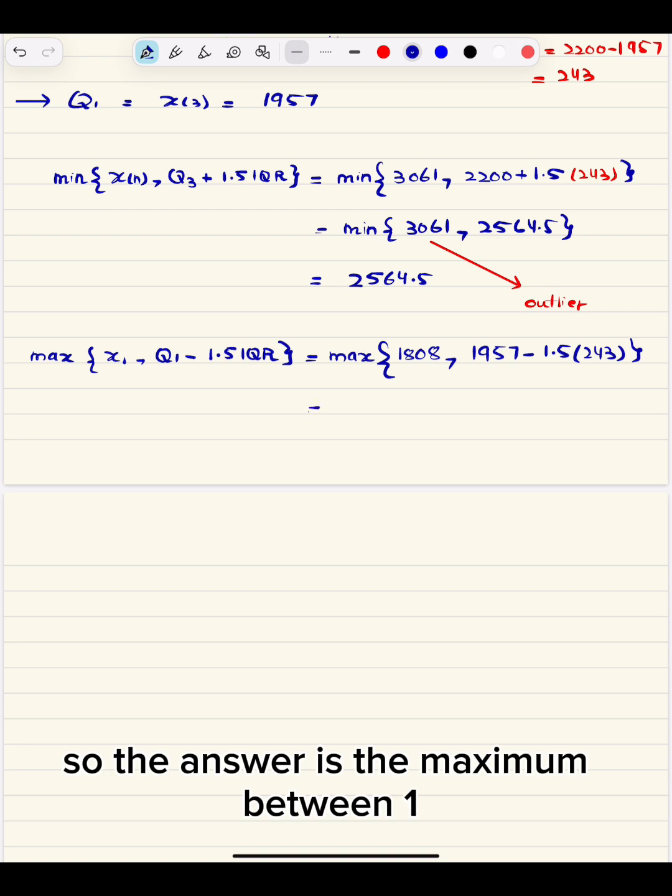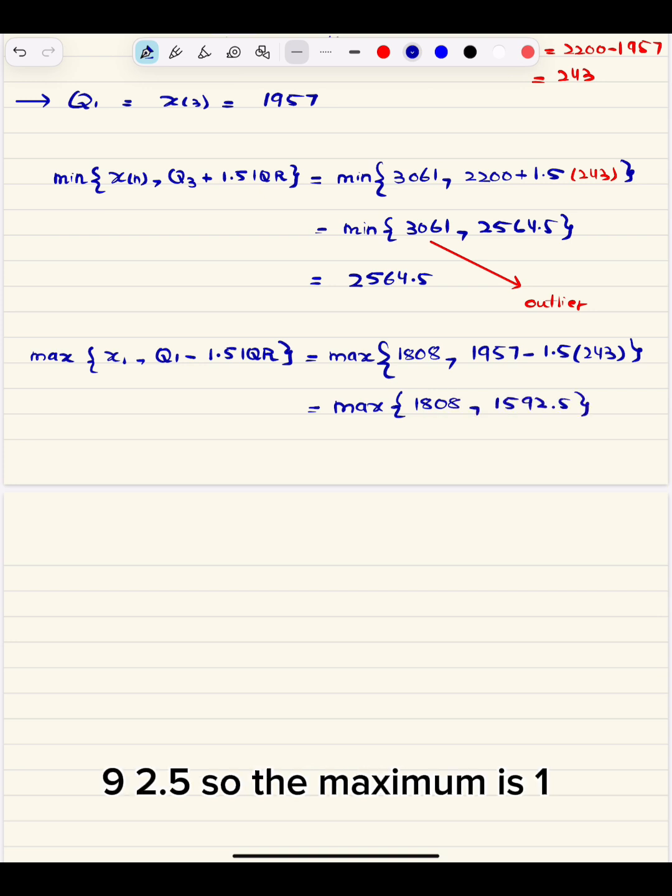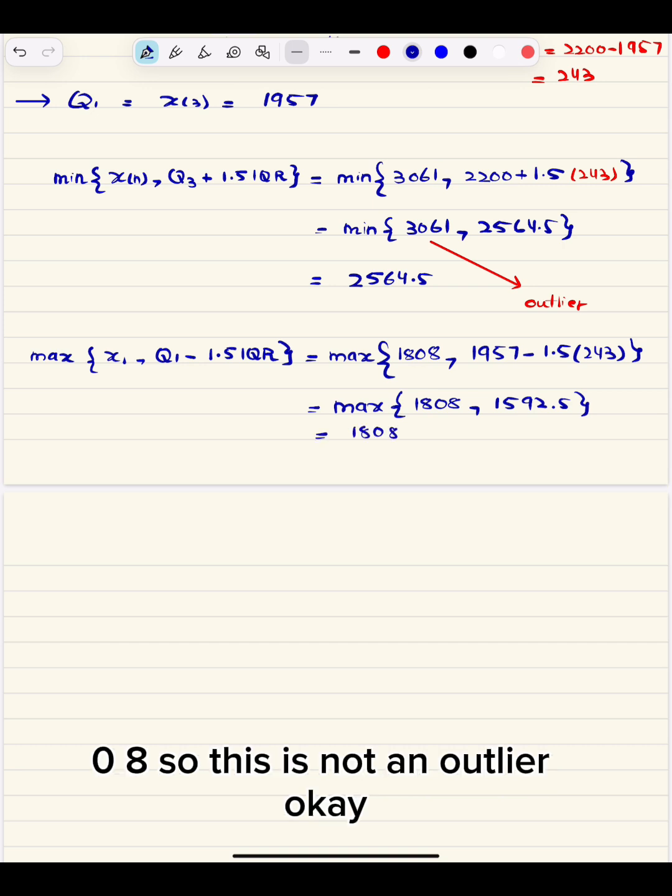So the answer is the maximum between 1808 and 1592.5. So the maximum is 1808. So this is not an outlier.